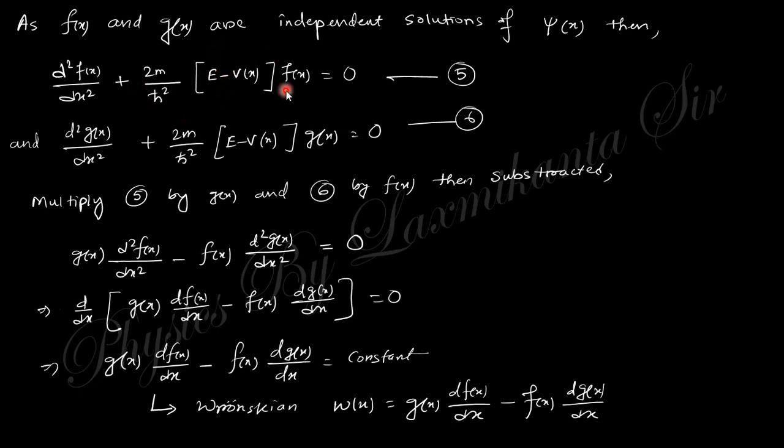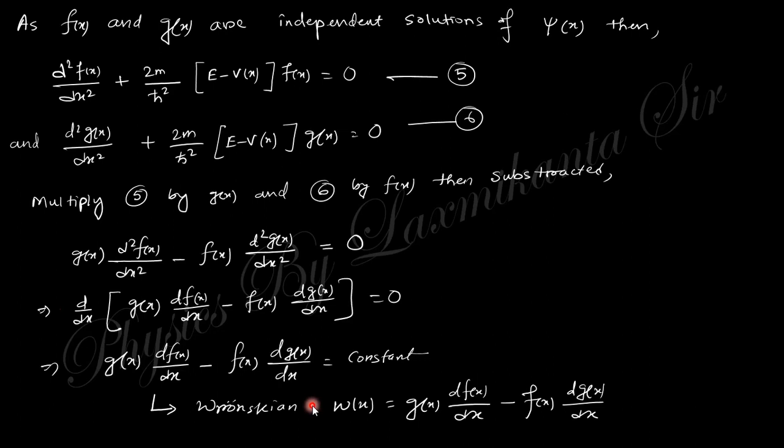So put these values in the Schrodinger equation, and if you multiply equation number 5 by g of x and equation number 6 by f of x and subtract them, you will finally obtain 0 on the right hand side, because these two cancel out. So this is nothing but d/dx of this one, and you know very well this is the Wronskian.